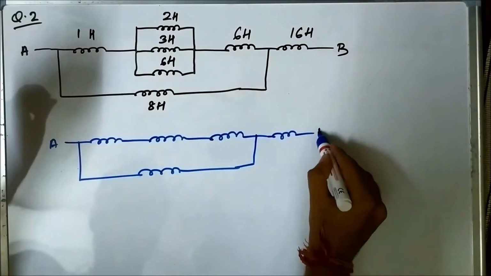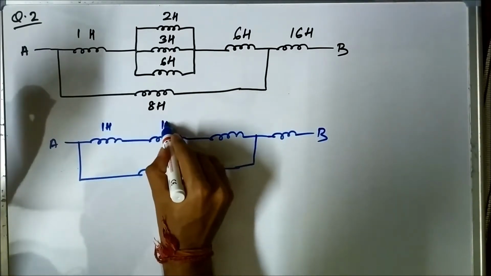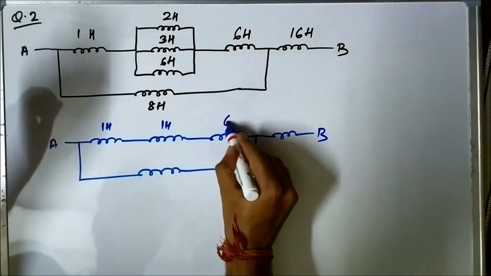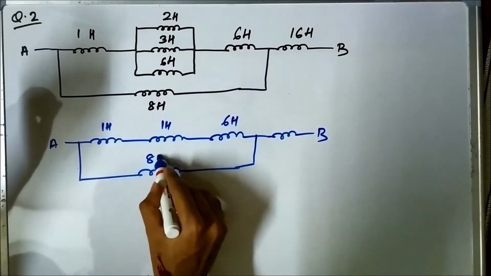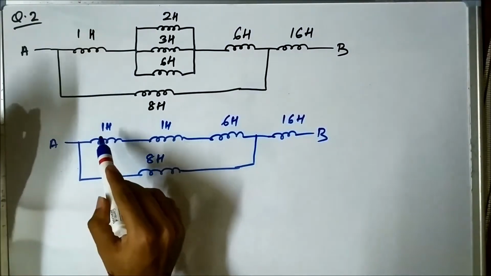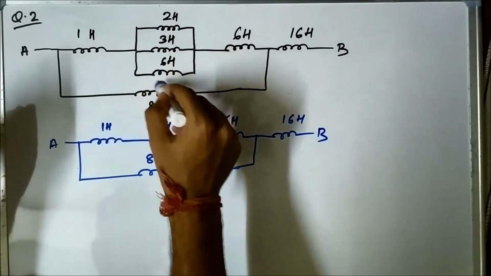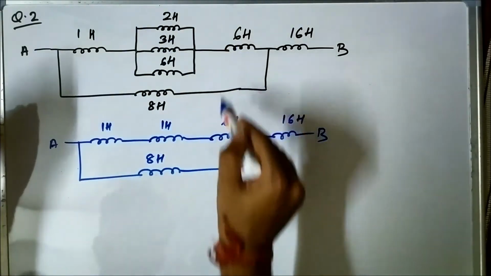A and B. So this is 1 Henry, this is 1 Henry which we just calculated, and this is 6 Henry, this is 8 Henry, this is 16 Henry. Now look at these three inductors, 1 Henry, 1 Henry which we just calculated, and 6 Henry.